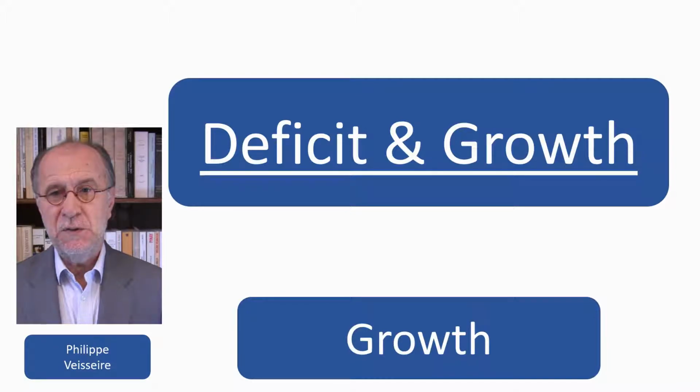I invite you to watch that video if you have not done so already, not because you need to know who I am, but because I believe that seeing the deficit video is vital to understand this video. The deficit video establishes a relationship between the public balance and two other macroeconomic indicators.